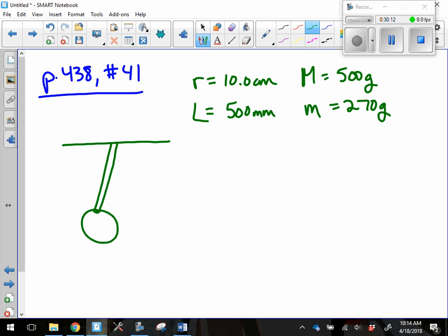And they did. They want you to practice your units. Okay, so we know that the mass of the disc is capital M. It has a radius R. We know that the mass of the rod is little m. And then the length of the rod is L.